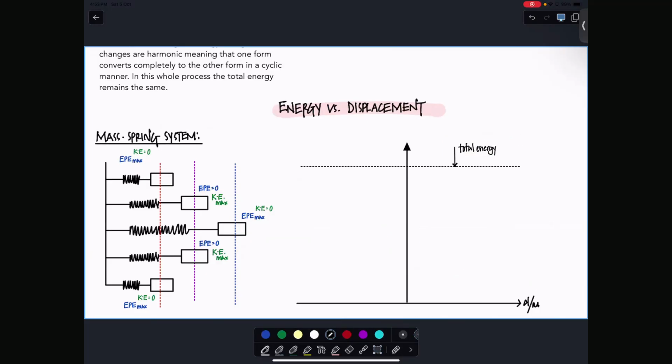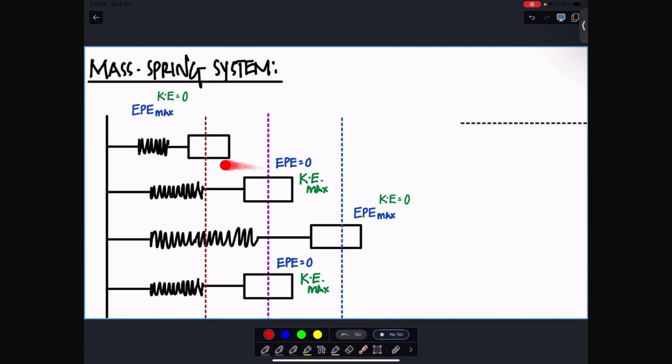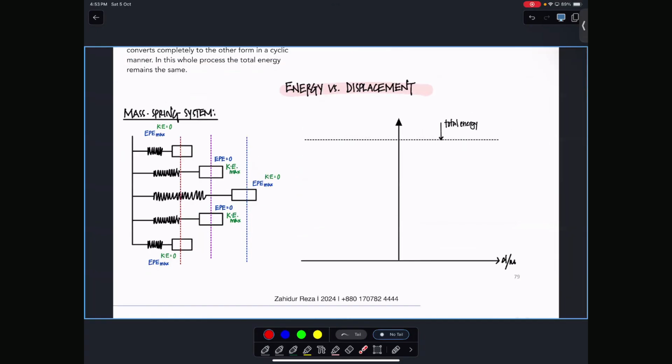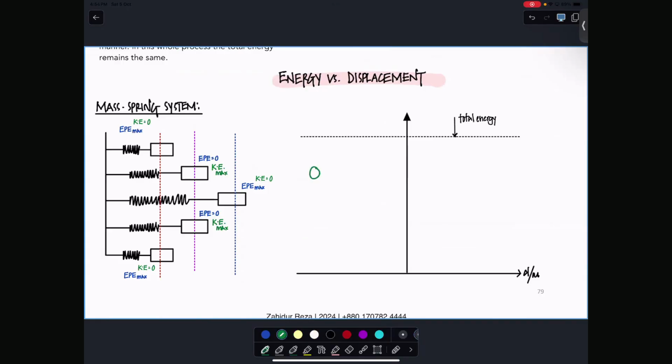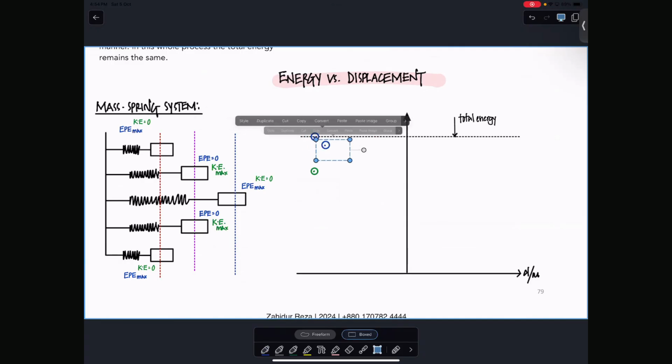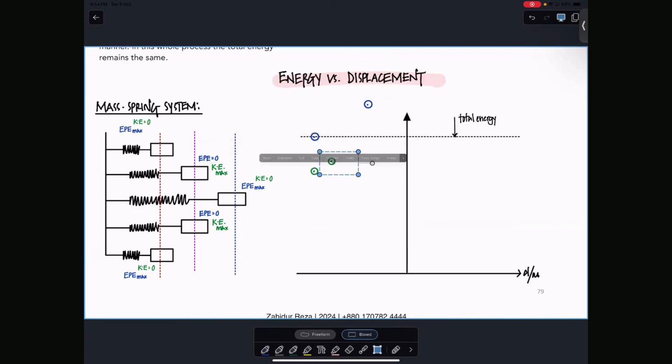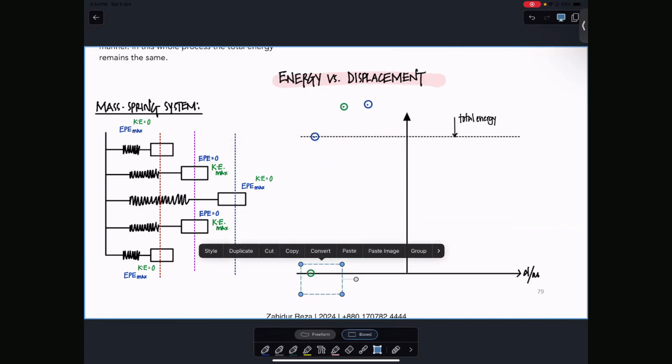Now, let's consider this displacement to be negative. At negative maximum displacement, what is my EP, maximum? What is my K? 0. So what I'll do right now is I'll plot that information. K is 0 and my EP is going to be maximum. So I'll take this one here and place it there. And I'll take this one here and place it there. Do you understand what I just did here?